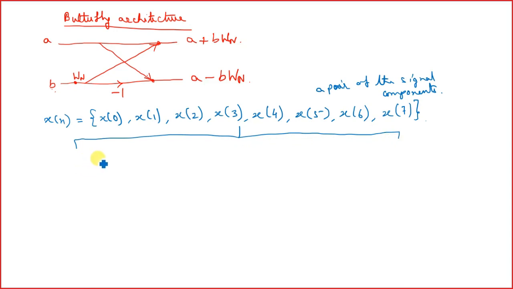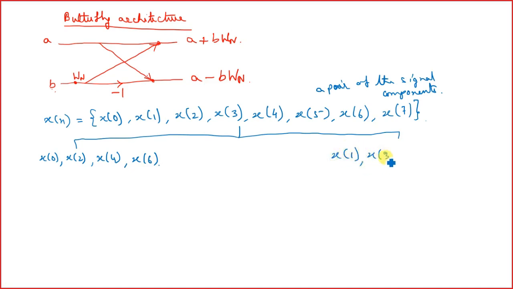Please remember that x0, or the even term, will always be on the left hand side. Okay. x0, x2, x4, x6.